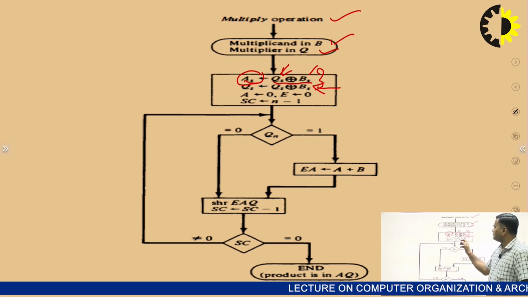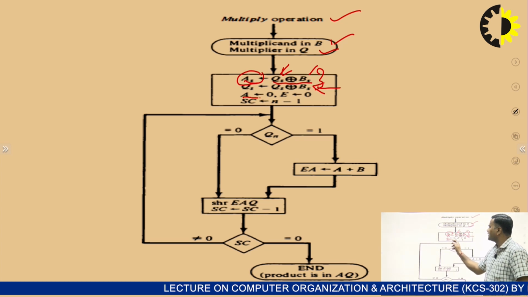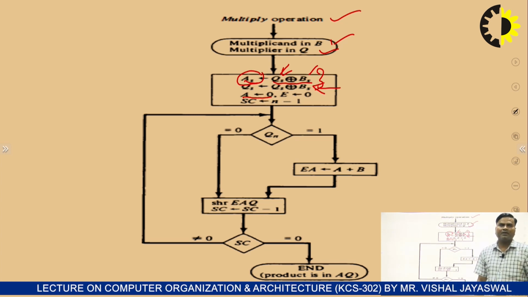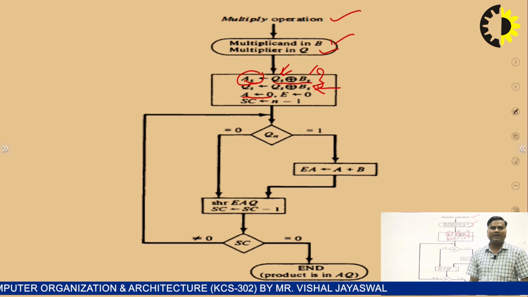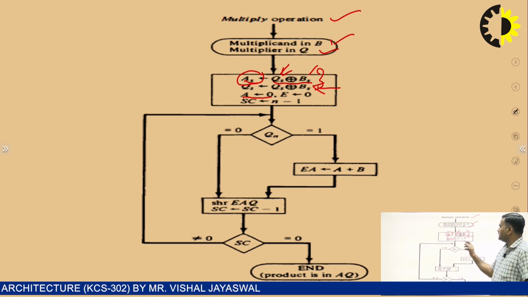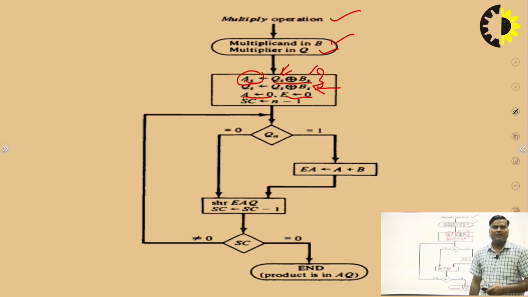We set register A clear to 0. Register A is cleared to 0, and initially E is cleared to 0, and the sequence counter SC is n minus 1.